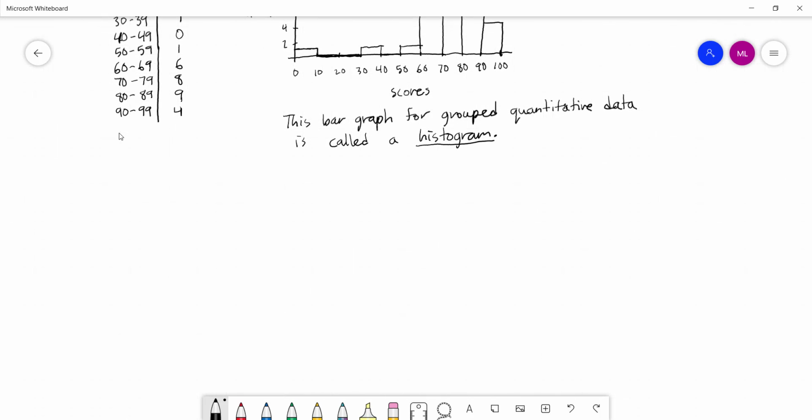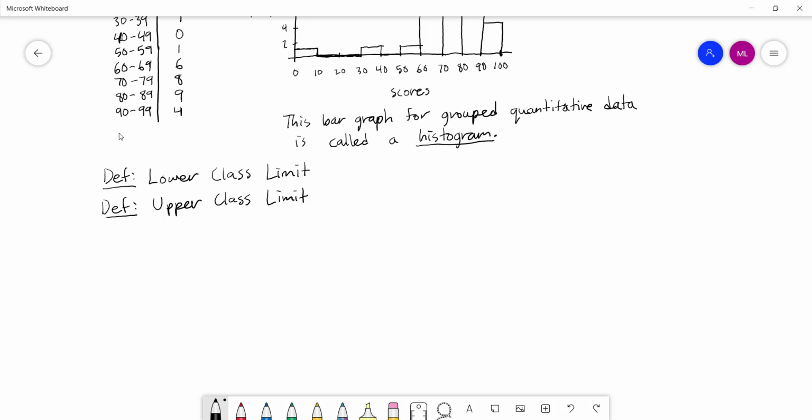Let me give you a few definitions, because we'll need this language to discuss this concept of classes and how we can wind up creating some of these histograms. The first definition I want to give you is something called a lower class limit. This is in contrast to an upper class limit.